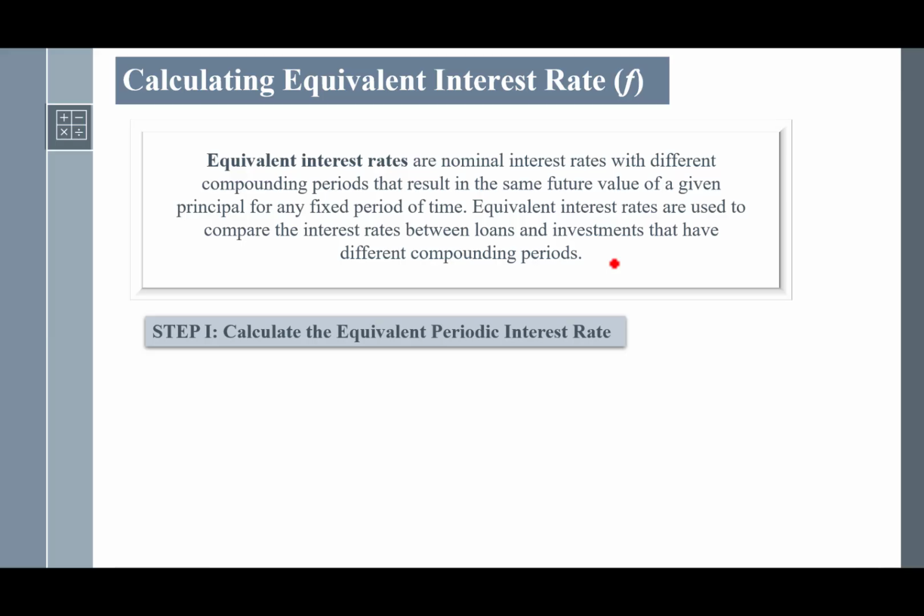So if they said, for example, 3% compounded monthly is equivalent to what interest rate compounded bi-weekly?